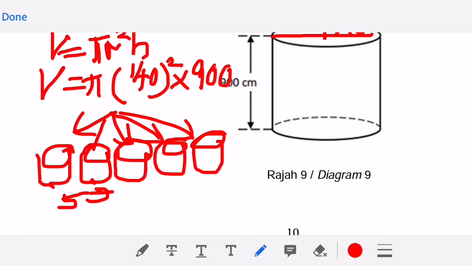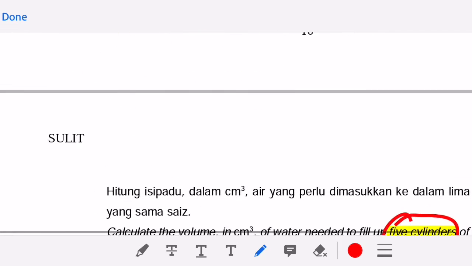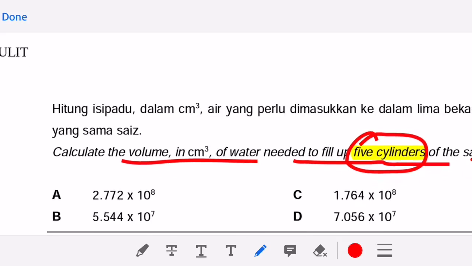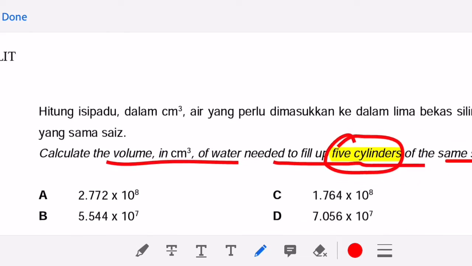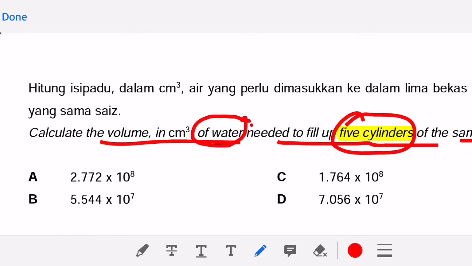We have total volume is 5544040, right? So this much of volume, and the question is asking the volume of water needed to fill up all the 5 cylinders of the same size.